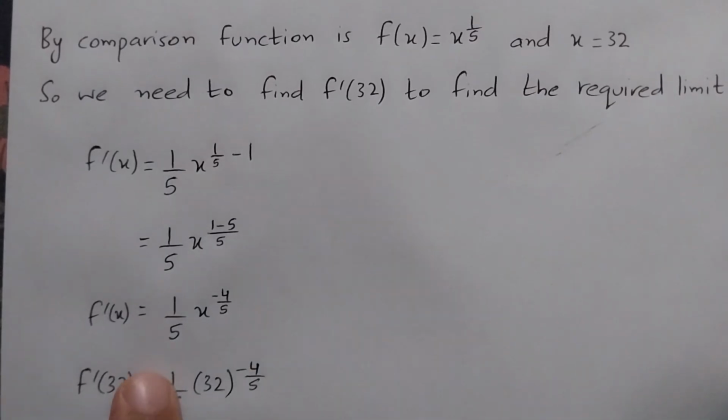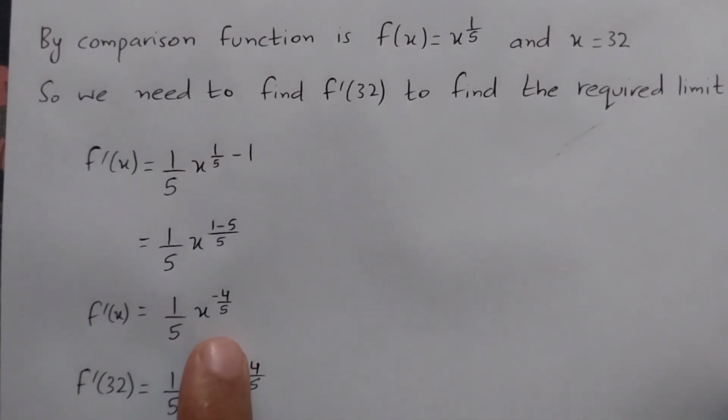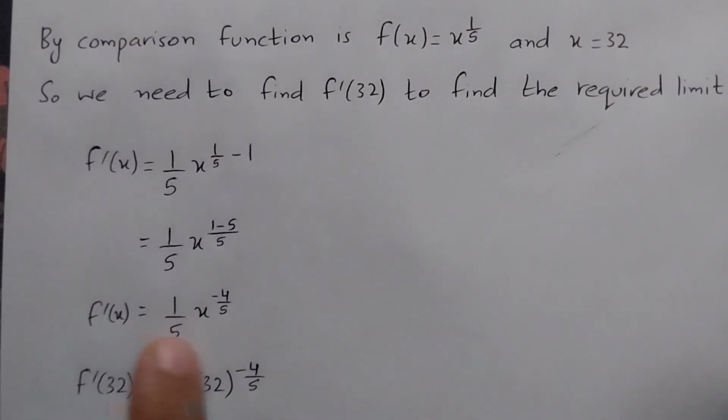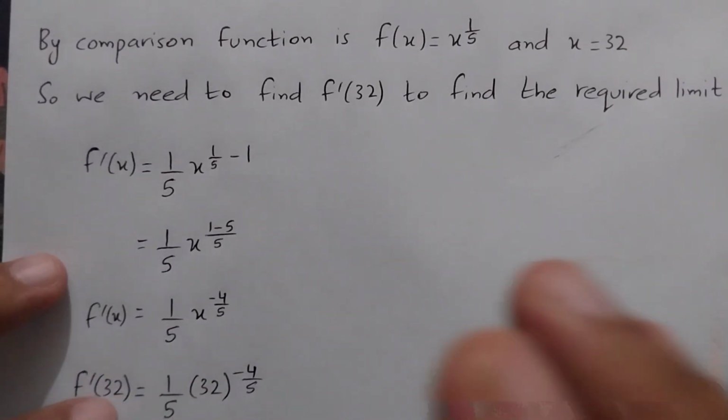So this is the derivative of our function, and our limit is simply putting x equal to 32 in this f dash of x.